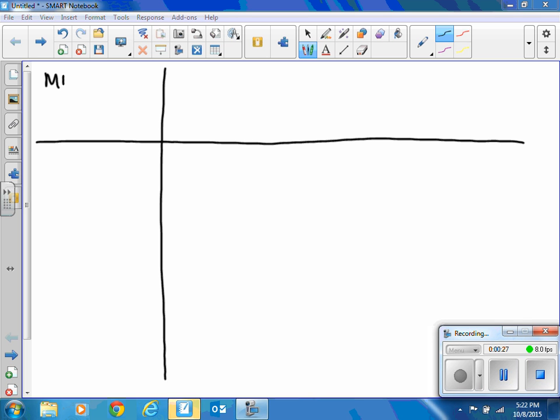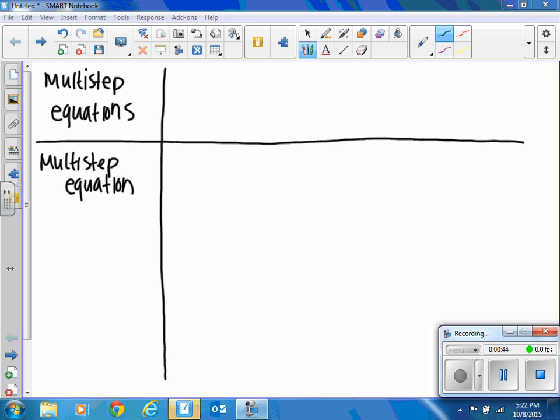So multi-step equations. A multi-step equation is an equation that uses more than 2 operations to reach a solution.